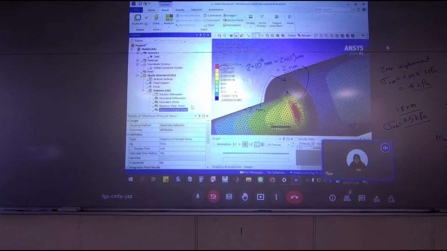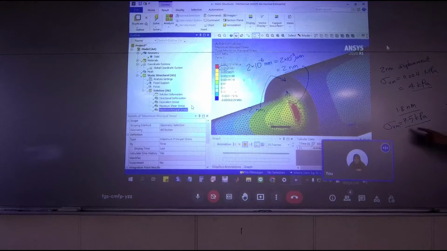Then we have 3.5. This is smaller, and we will see greater safety. How come? If we use von Mises, we have greater safety. Can someone tell me? Does anyone remember? If we use principal stress or shear stress, the number right here is 3.8.